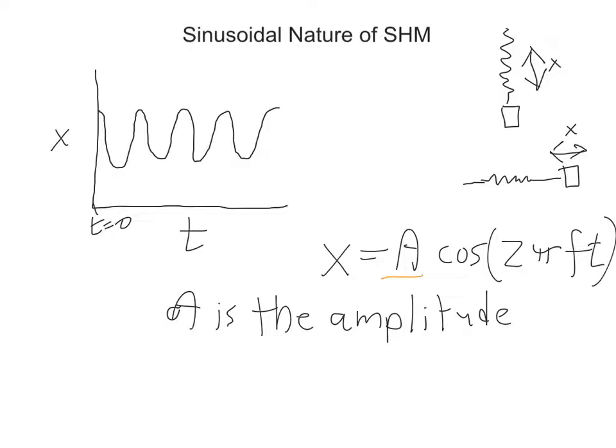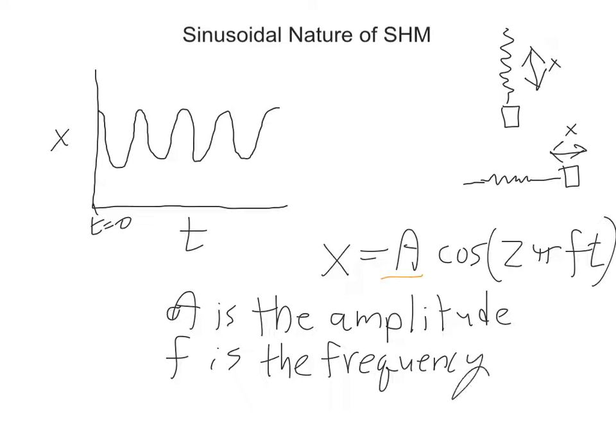The f that you see in there, you may already recognize. That is the frequency of the oscillator. If we were given an equation for an oscillation, we could find the period by using the fact that frequency is equal to 1 over the period.